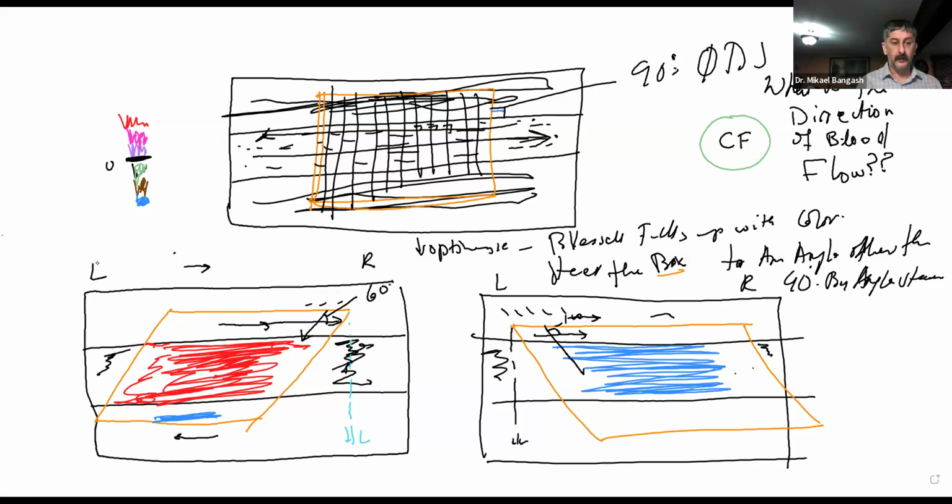Or here, if you saw a blood vessel where the blood flow was red, it would still have been from right to left.